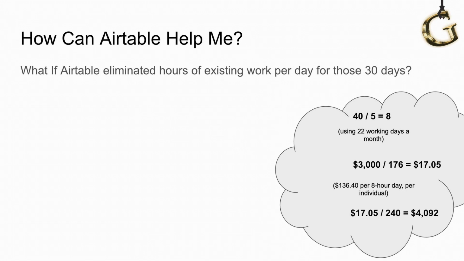What if Airtable completely eliminated hours of existing work per day for those 30 days? So now we're shifting to how much money Airtable is going to save me per person that makes $3,000 a month, working 5 days a week, 8 hours a day, right? So if we were just to eliminate 1 hour of work per day for those 30 days, okay?